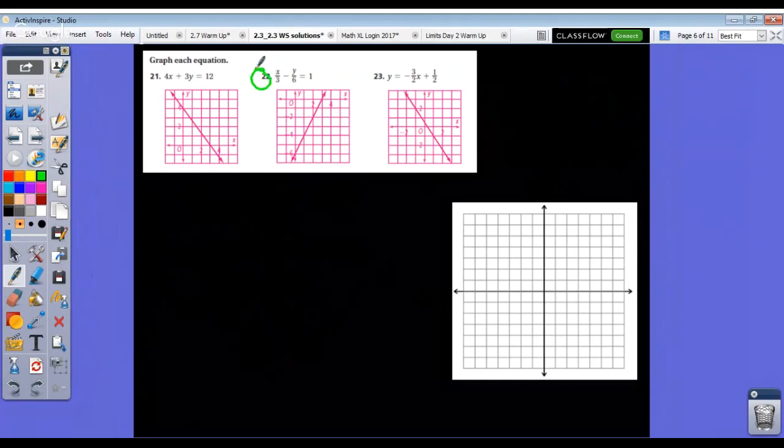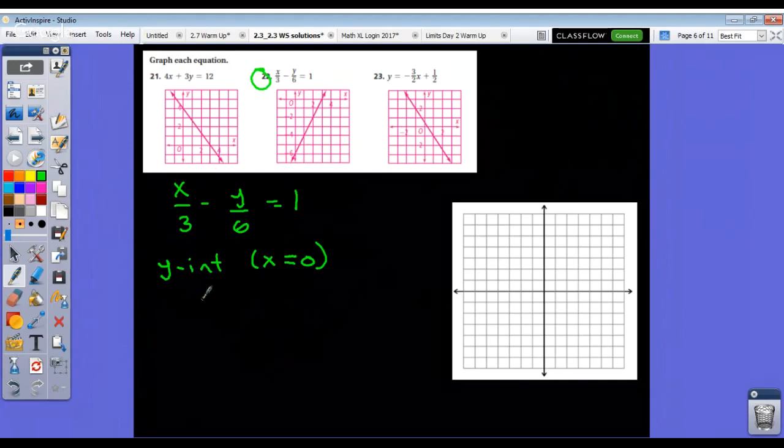Which leads us to 22. 22 is x over 3 minus y over 6 is equal to 1. This is also in standard form, so we can use intercepts. I'm going to find the y-intercept, so I let x equal to 0.